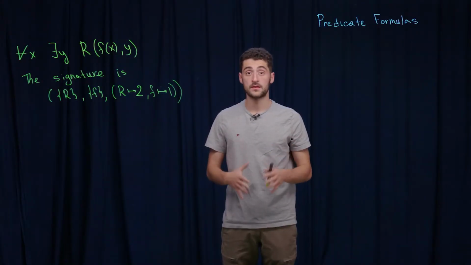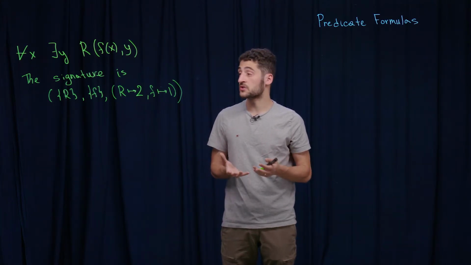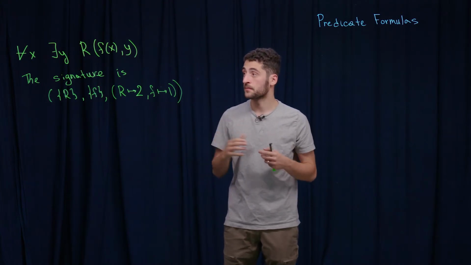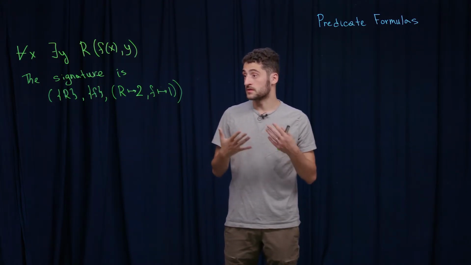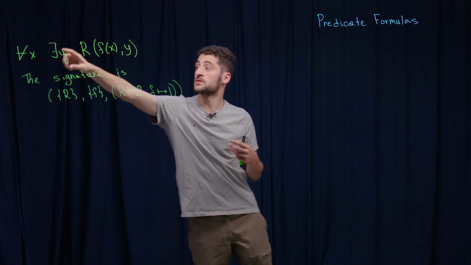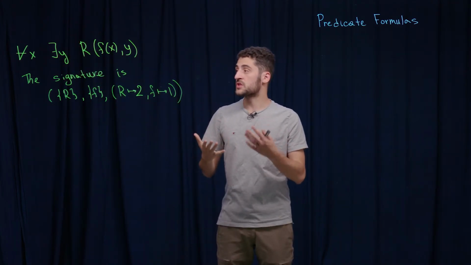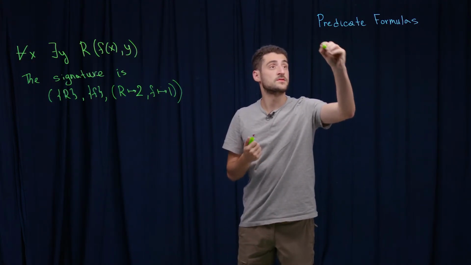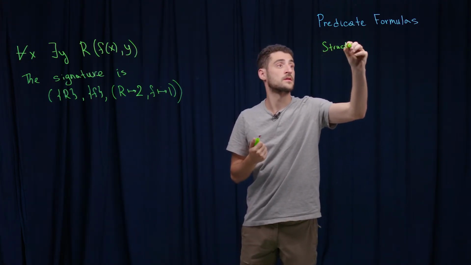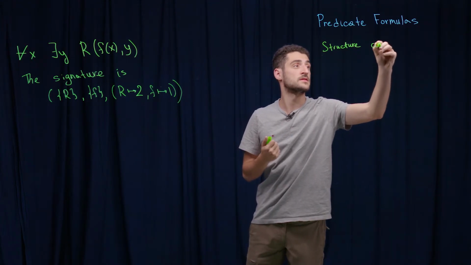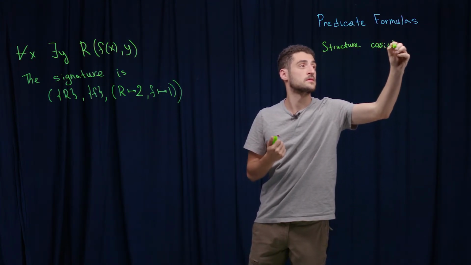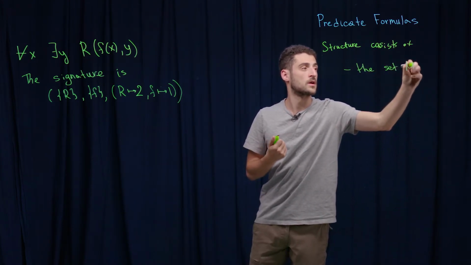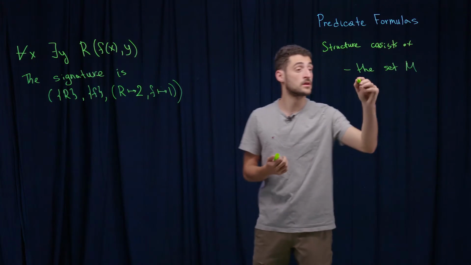Now we are ready to define the structure, in other words, how to interpret the formula, how to compute the value of it. The first part of this is the set M, which says over which set all the quantifiers are taken. So a structure consists of the set M, which is called domain.